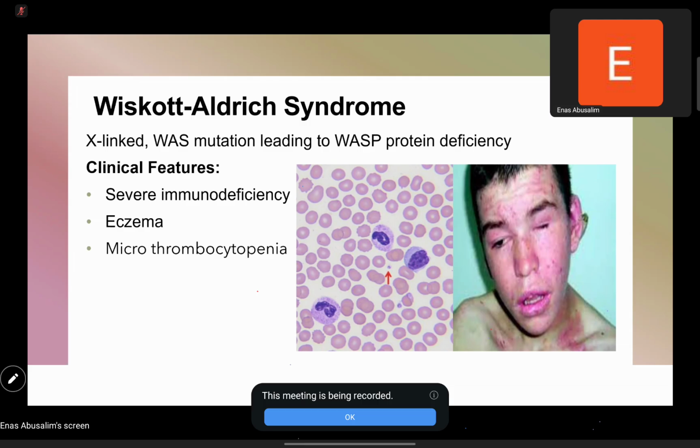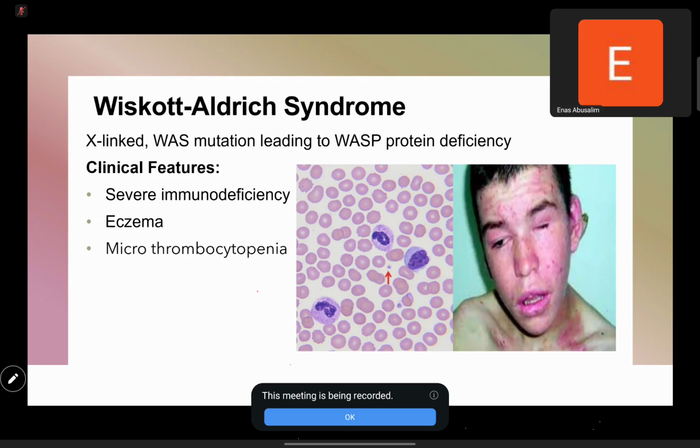Which basically means if the mother is a carrier, she will transmit the disease to her male children at a 50-50% chance because she has 2 X chromosomes. The daughters of that affected carrier mother will have a 50-50% chance of being carriers.